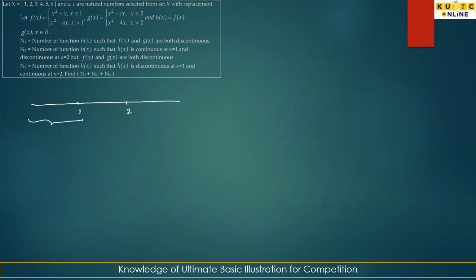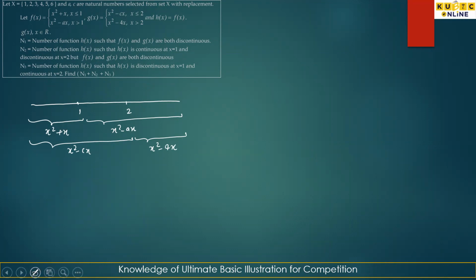For x less than 1, we get the function x² + x, and for x greater than 1, we get the function x² − ax. Similarly, for x less than 2, we get x² − cx, and for x greater than 2, we get x² − 4x.